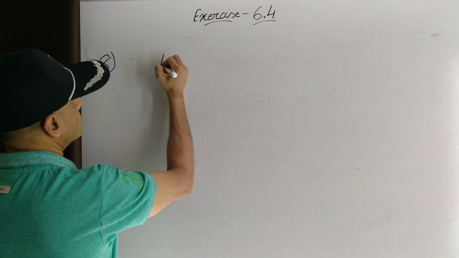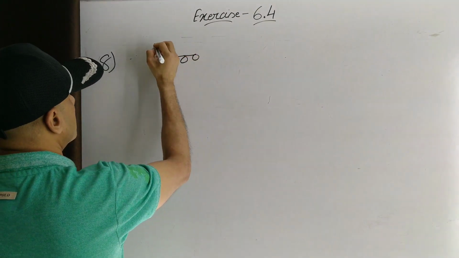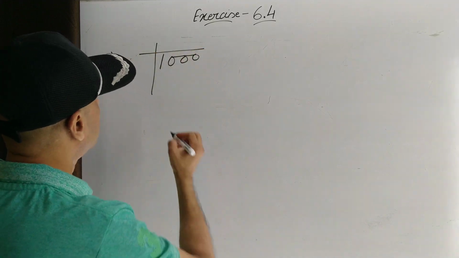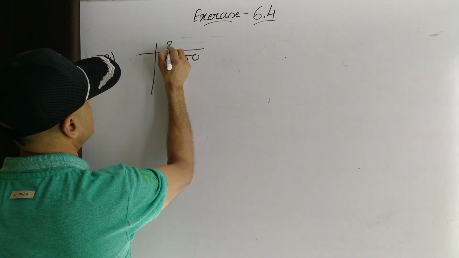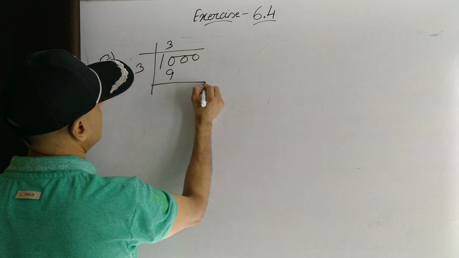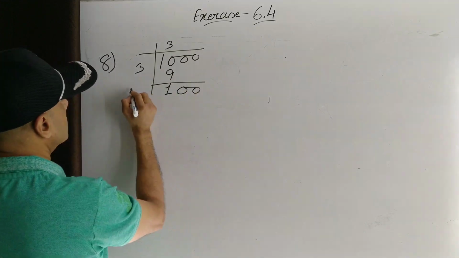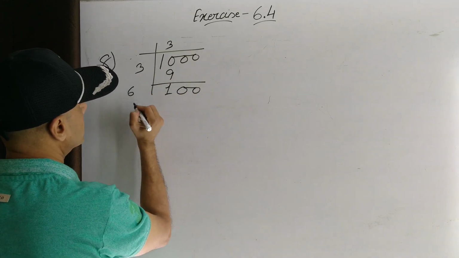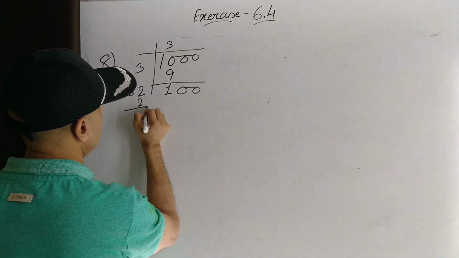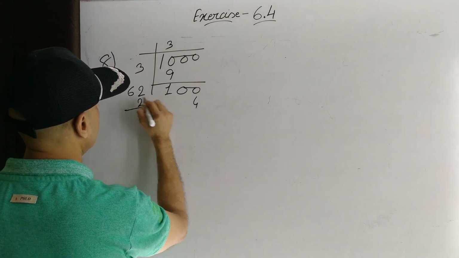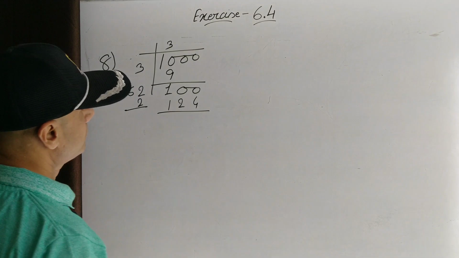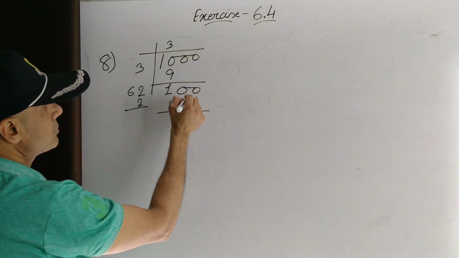So we'll try to find this by division method. We get 3 here, 3 here will be 9, and we'll have 1 and 0. Here will be 6. So if we take 1, we'll get 61. Let's take 2. So we'll have 4, and so this is the number which is nearest to 100.